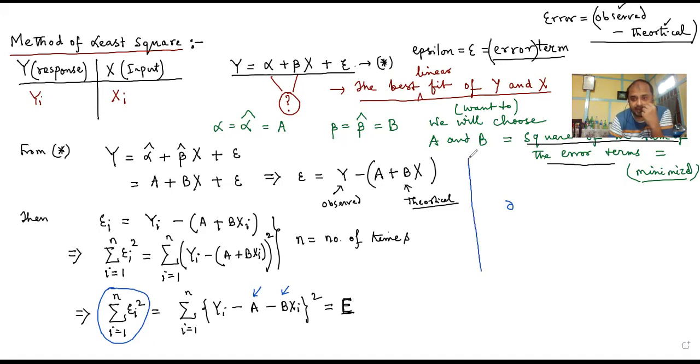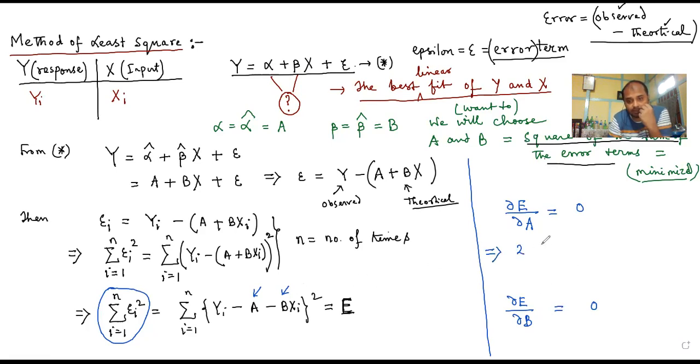Since we want to minimize this quantity with the extremization theory, we can take the partial derivative of E with respect to capital A and equate it to 0, and we will take the partial derivative of E with respect to B and equate it to 0. This implies, now I'm going to take the derivative of this.